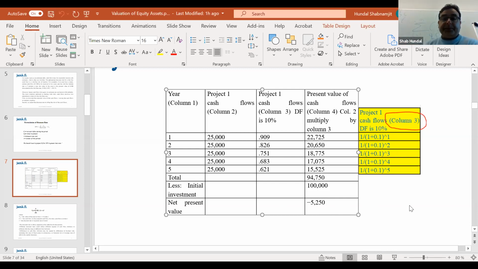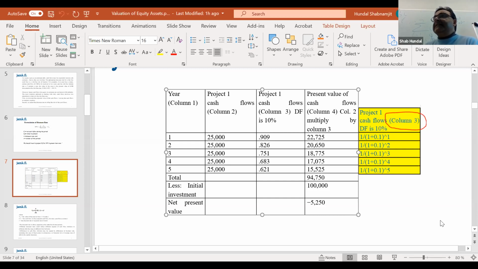And guess what I did? I multiply each cash flow with this new value of money. And when I sum up, it comes to be 94,750, not 125,000.